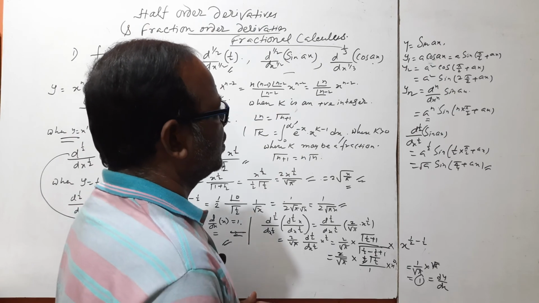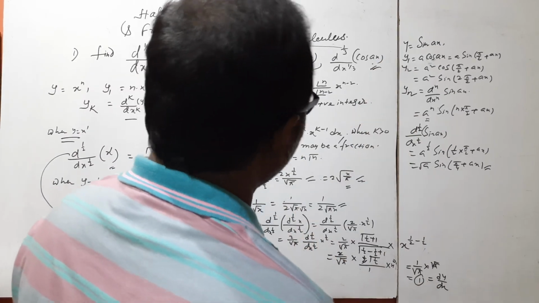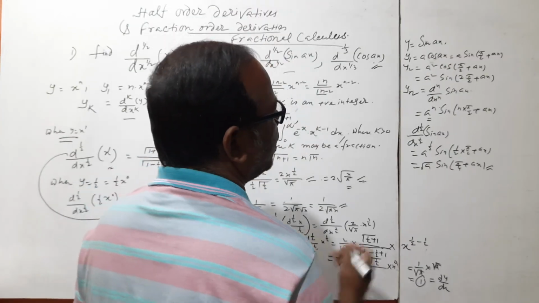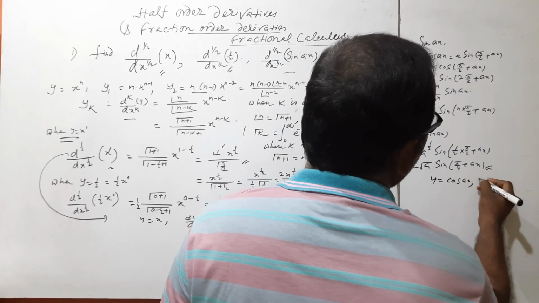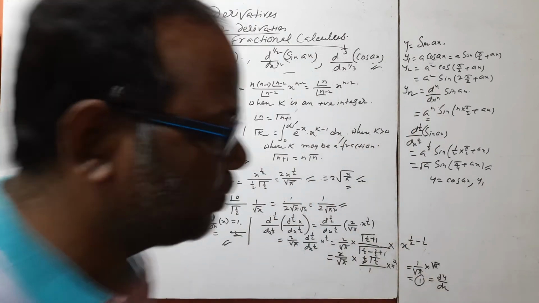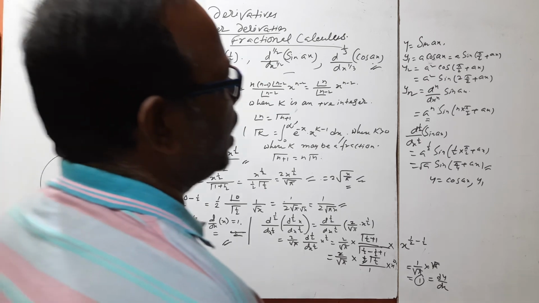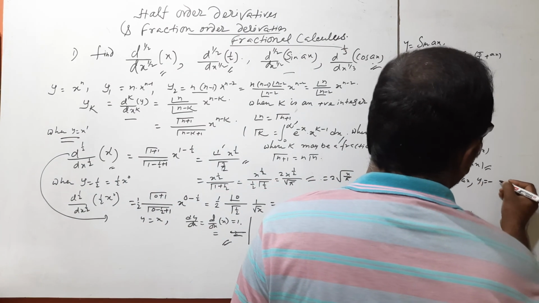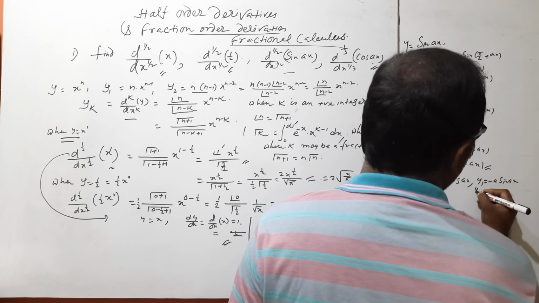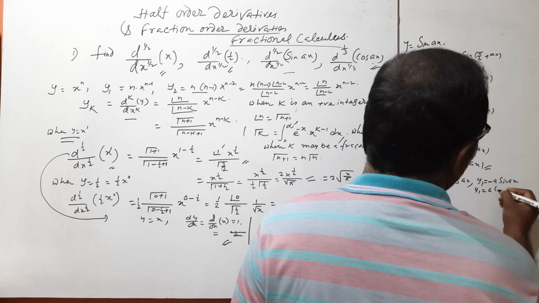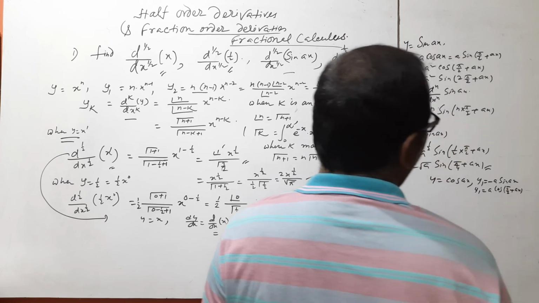So from the same theorem we can easily show the derivative. Let us assume y equals cos ax. Then y1 is equal to minus a times sine ax, and this y1 is equal to a times cos of pi by 2 plus ax.